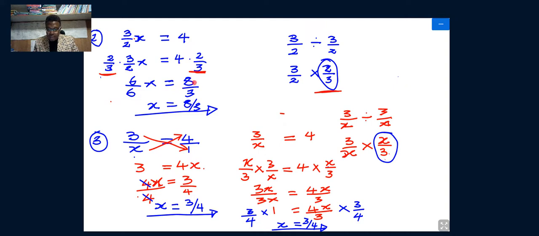And here you multiply, you get 8 over 3. You may take this 8 over 3 and substitute it here and see if you get left hand side equal to the right hand side. If you do not get that, it means the answer was wrong. You have to redo the problem again until you perfect it. Okay? That is the rule.